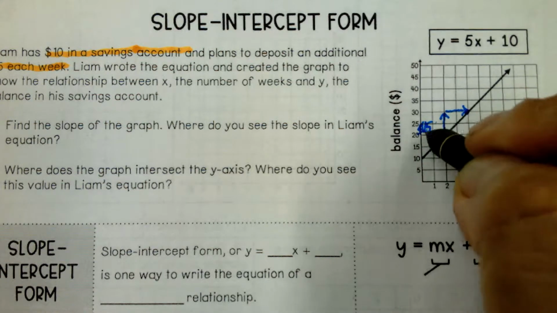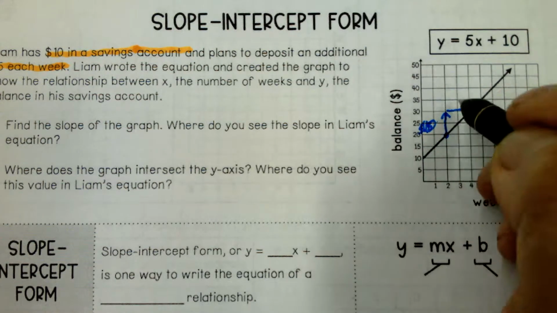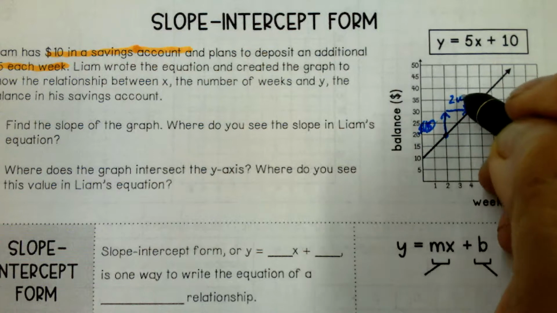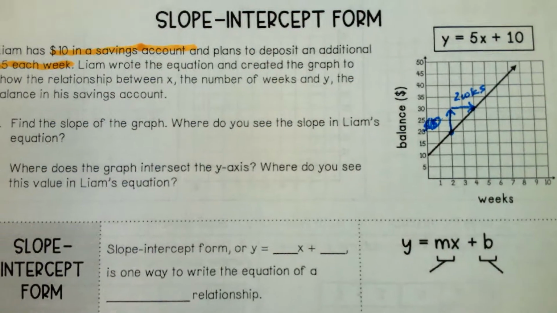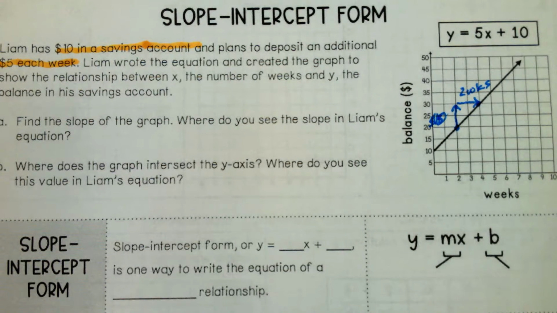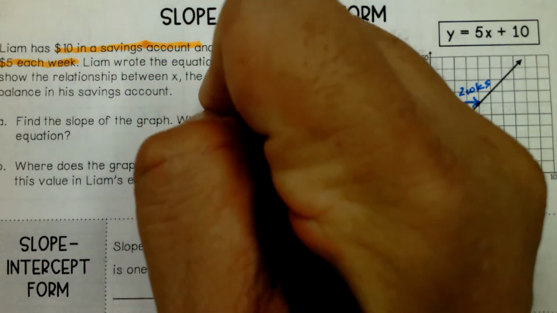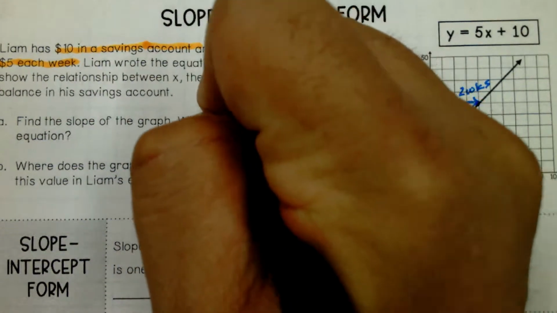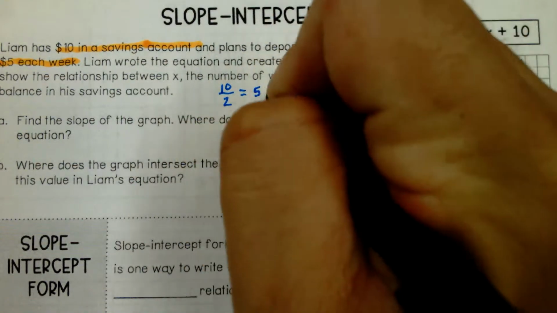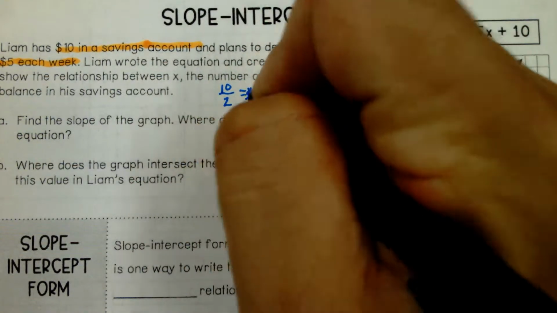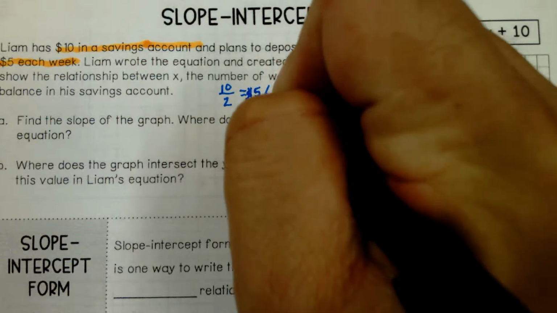Sorry, it's $10. That's $10 in 2 weeks. So the rise is 10, the run is 2. That's basically $5 per week.